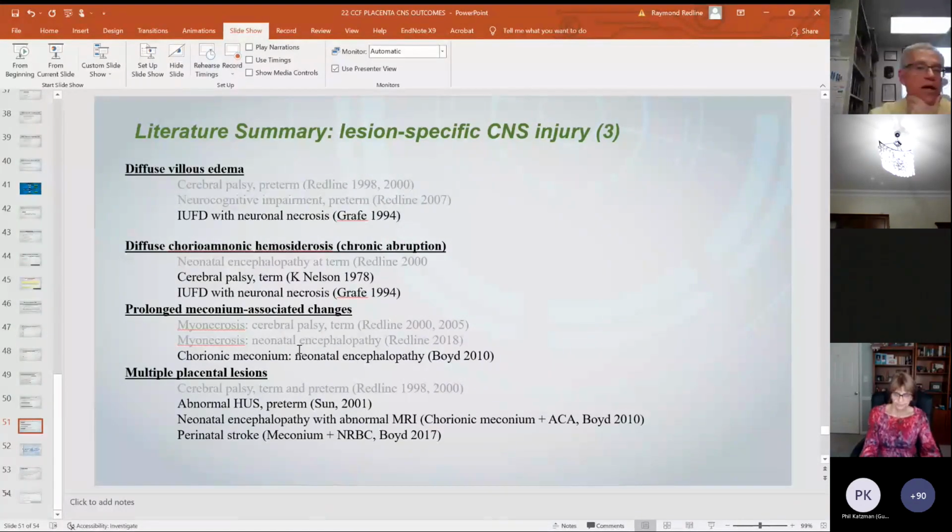Theonia Boyd also found an association of prolonged meconium-associated changes with neonatal encephalopathy, and then, as I mentioned before, this association of multiple placental lesions affecting different pathways with various types of CNS injury has been found to correlate with abnormal head ultrasound in preterms, neonatal encephalopathy with abnormal MRI findings, and perinatal stroke.